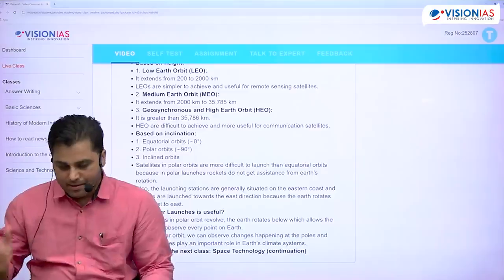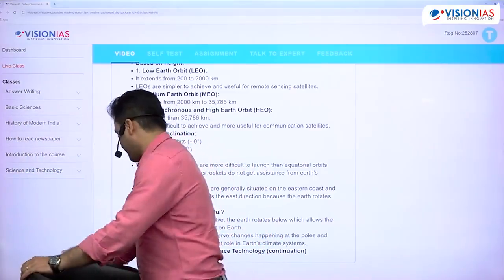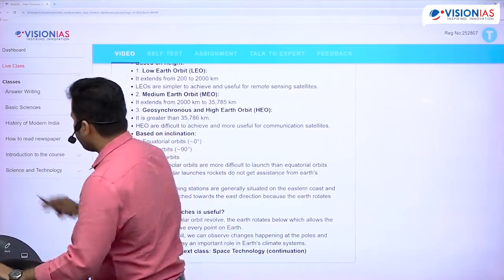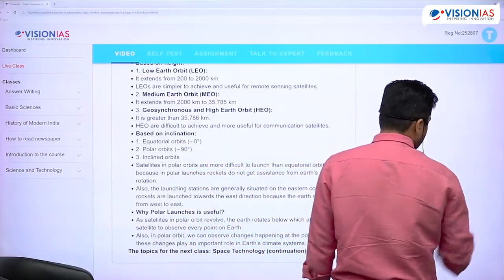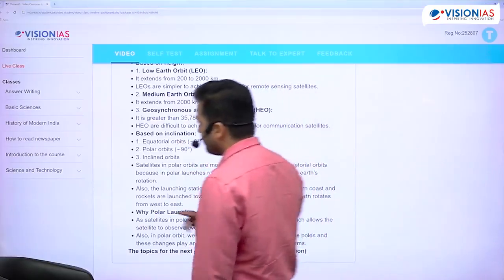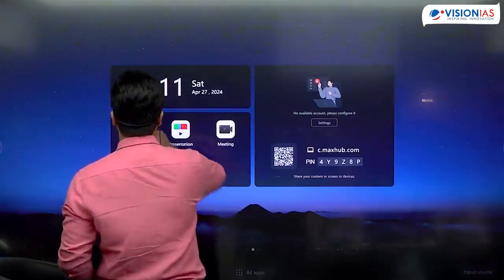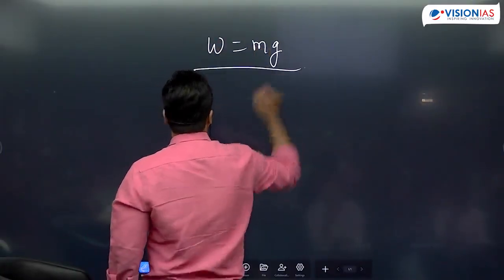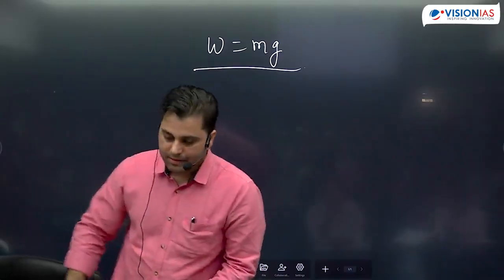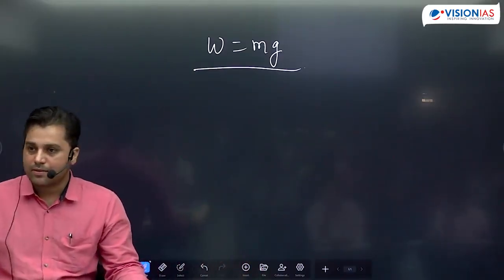And why do we use these two words interchangeably? Because fundamentally, the weight you feel depends upon your mass, right? Your weight depends upon your mass and that small quantity which you see, g, that is called acceleration due to gravity.